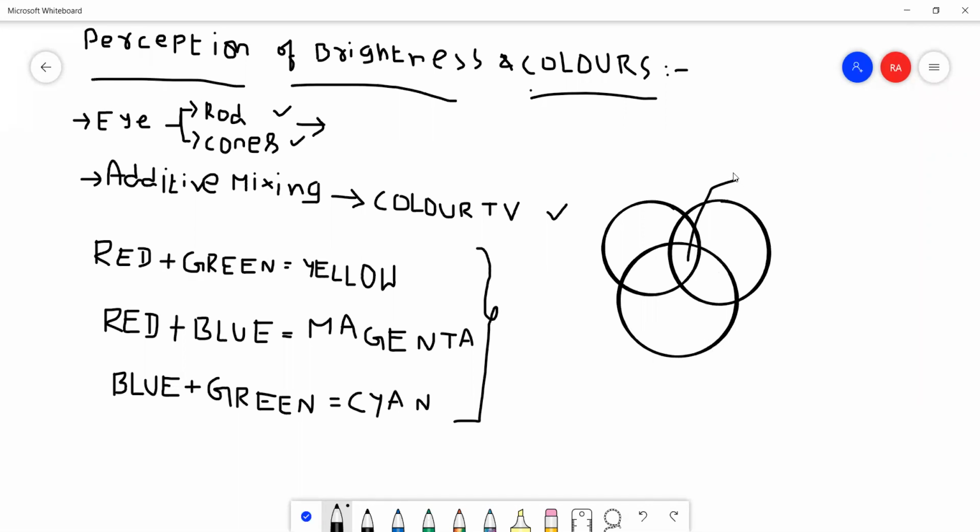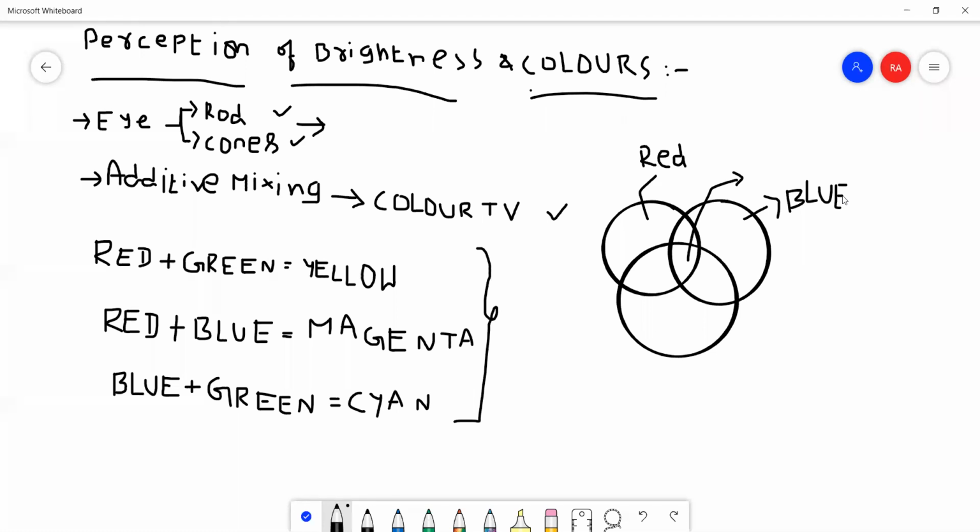So this is the white color. This is the pure red color. This is the pure blue color. This Venn diagram is very important in our JNTUK examination.